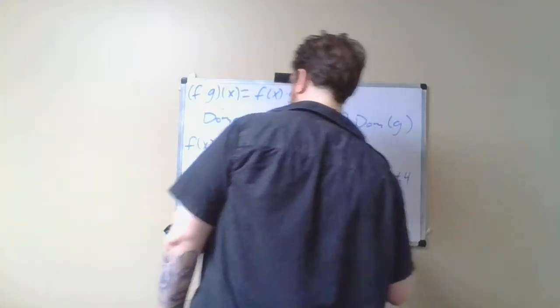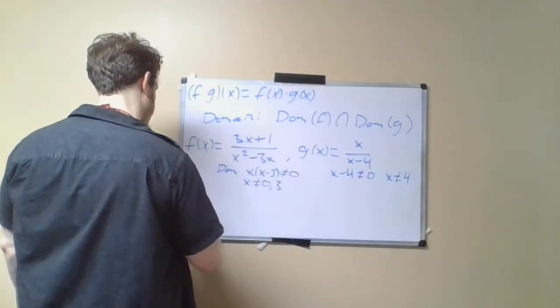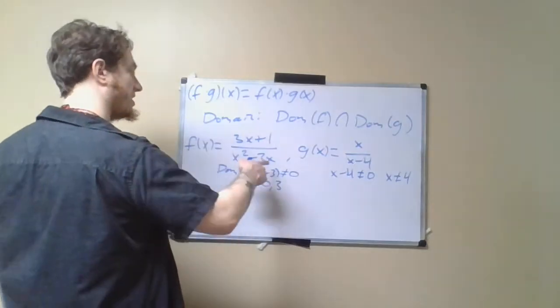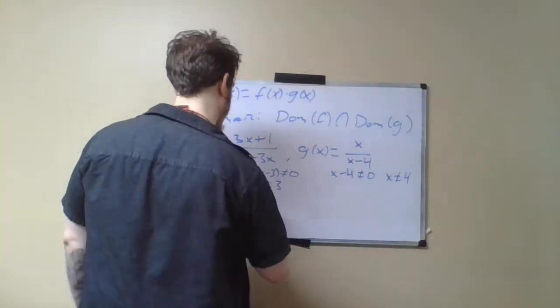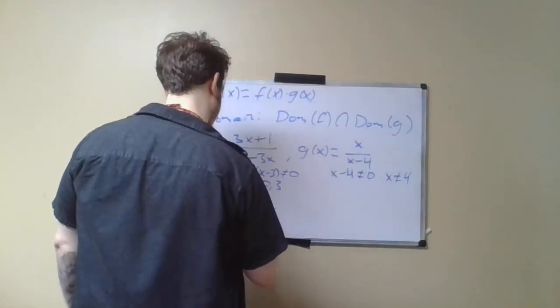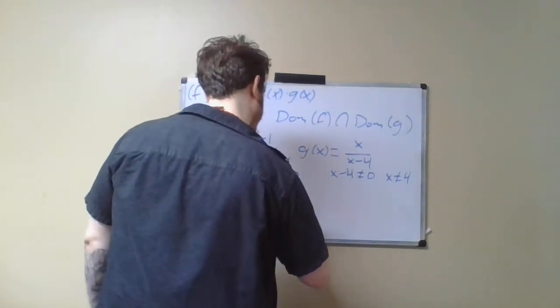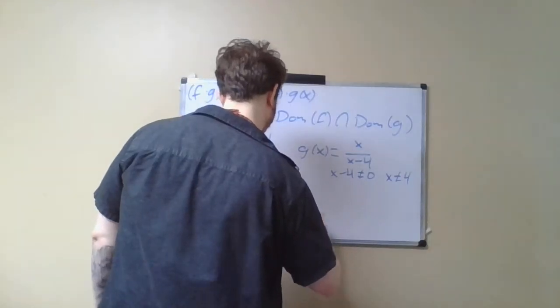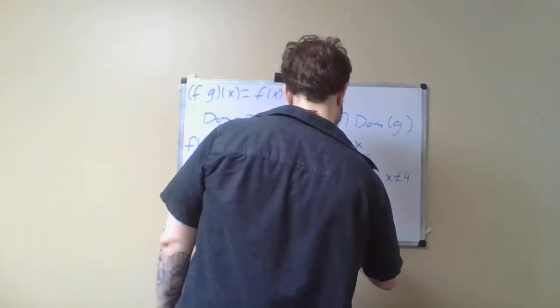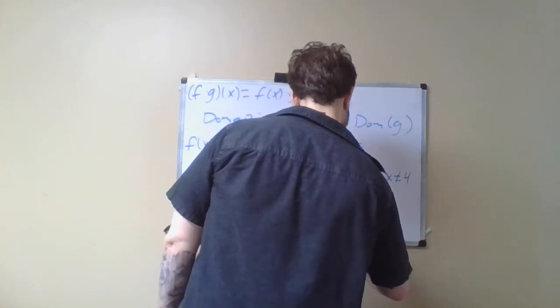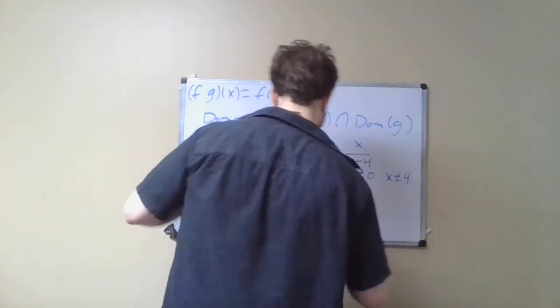And so f times g evaluated at x, well, if I take the product here, this is (3x plus 1) over x times (x minus 3), multiplied by x over (x minus 4). And this becomes (3x plus 1) divided by (x minus 3) times (x minus 4).